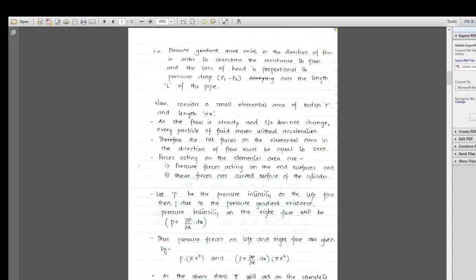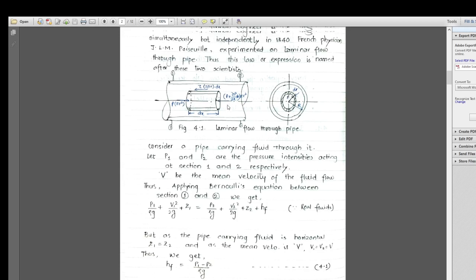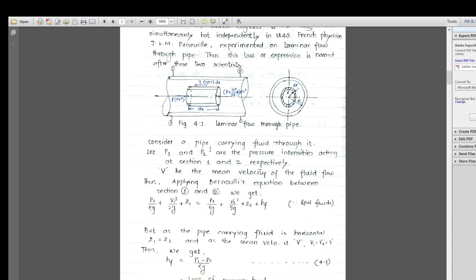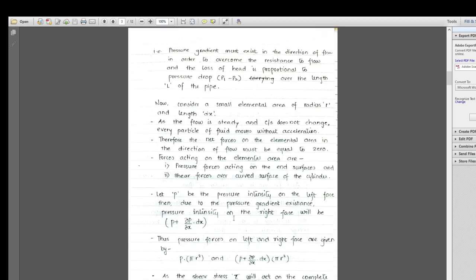So let us consider P as the pressure intensity on the left face of the pipe. Due to the existence of the pressure gradient, the pressure intensity on the right face will be P plus del P by del x into dx.